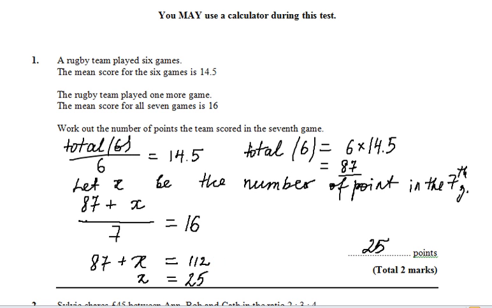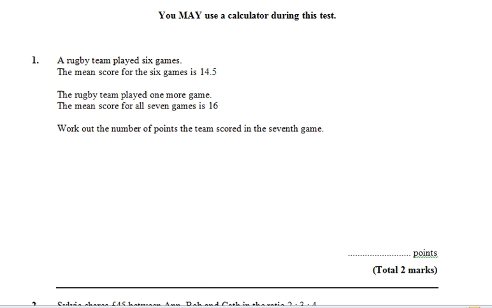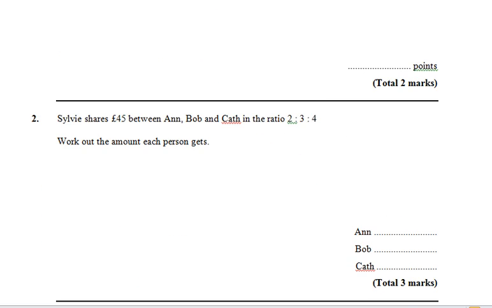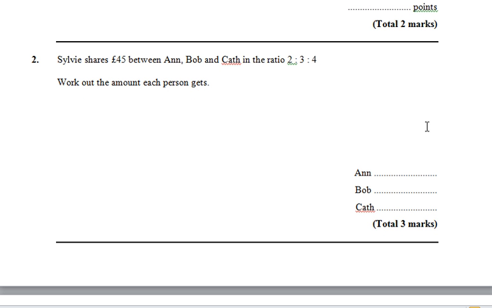Okay, let's move to the next question. The next question was about ratio. You have done pretty well on this question, although some people perhaps just misunderstood what the question was about, that it was about the amount each person gets, all right?